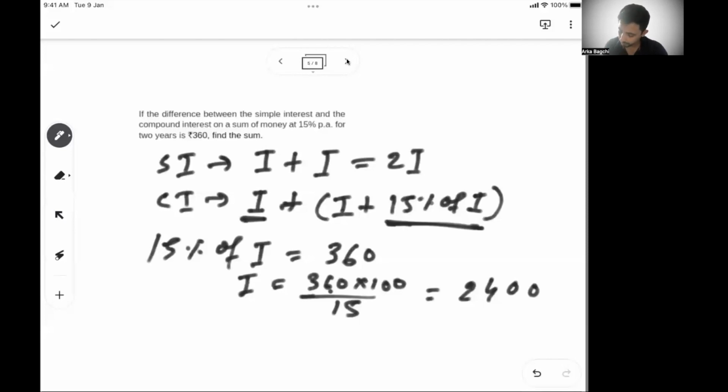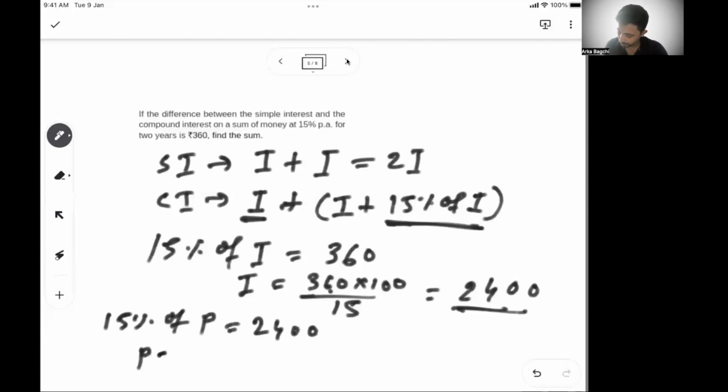So for the sum or the principal, your first year interest is 2400 at a rate of 15% per annum. So 15% of your principal is 2400.